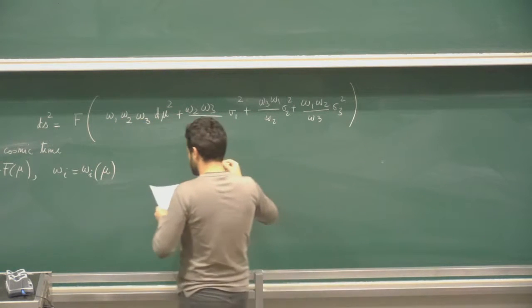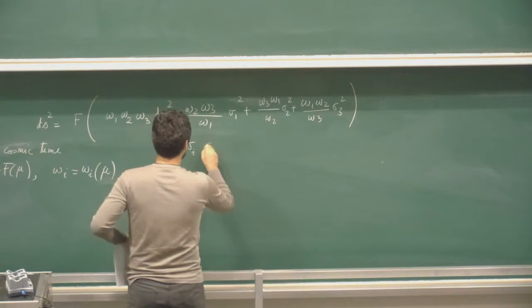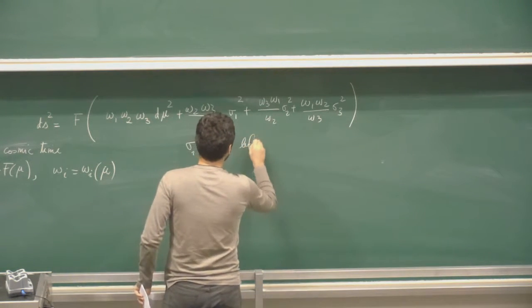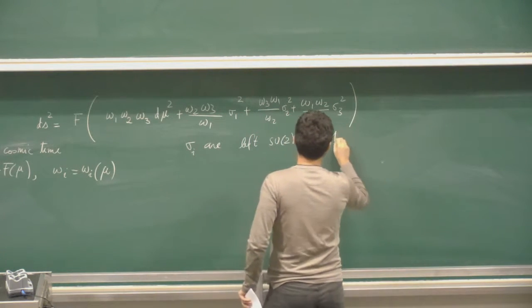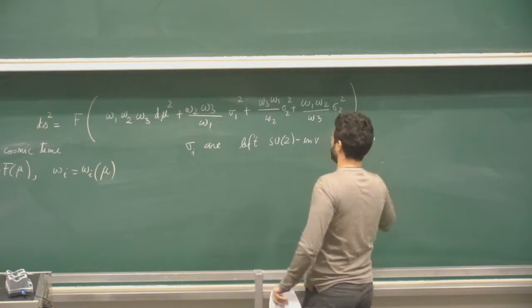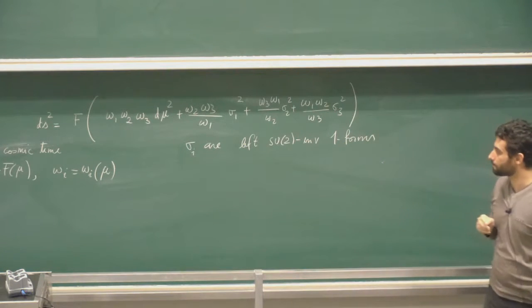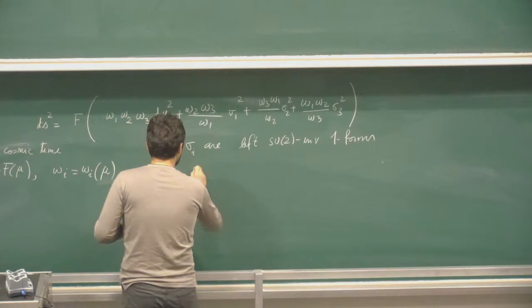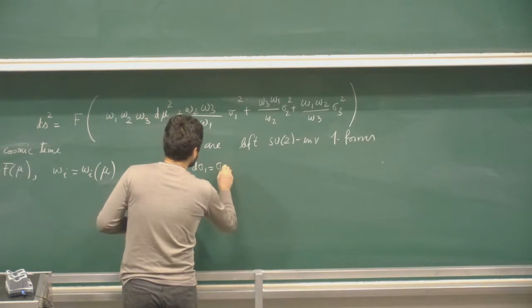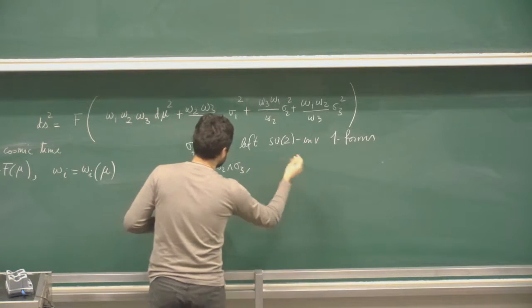So these sigma i's are left SU(2) invariant one-forms on SU(2), which is basically S3. And they're supposed to satisfy these relations: d sigma 1 is sigma 2 wedge sigma 3, and then cyclically.